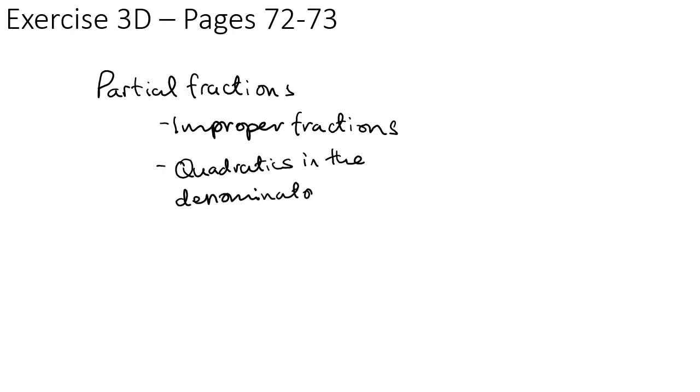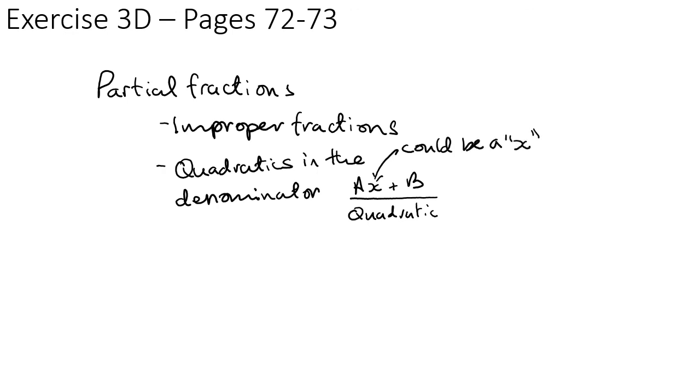Watch out for those, because if you have a quadratic down here, well, this is when you're doing partial fractions, then it means that you need to have something like ax plus b. So don't forget that. Yeah, it could be an x term lurking, hiding there, that we could forget about.